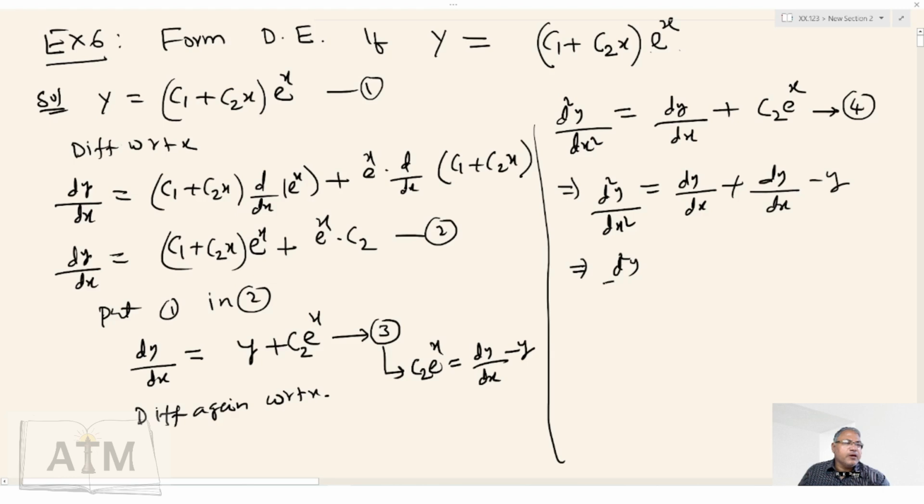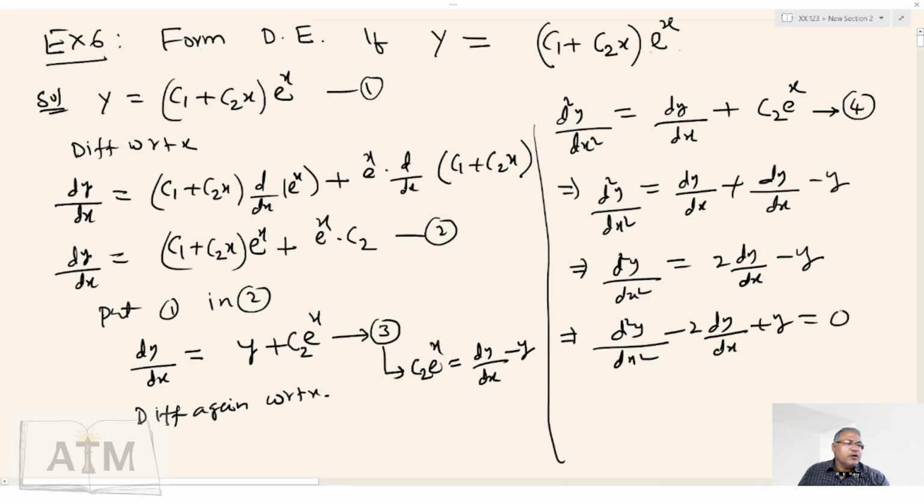This implies d2y by dx2 equals 2 dy by dx minus y, which can be simplified to d2y by dx2 minus 2 dy by dx plus y equals 0. This is the required differential equation.